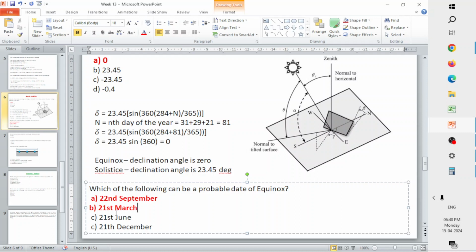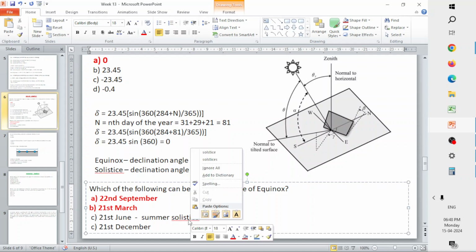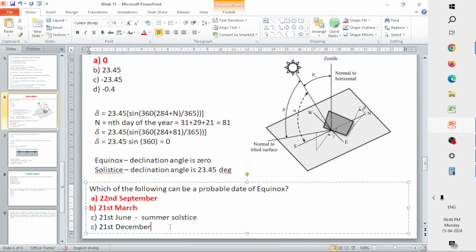And the remaining 2 days, that is your 21st June and 21st December, are the solstice. So the 21st June is called the summer solstice, and 21st December is called the winter solstice.